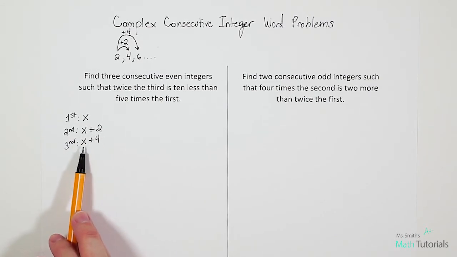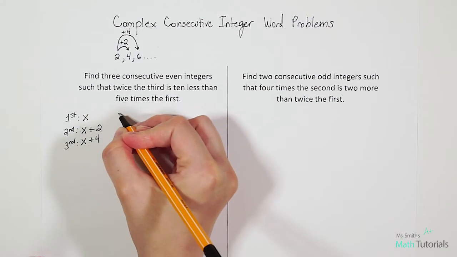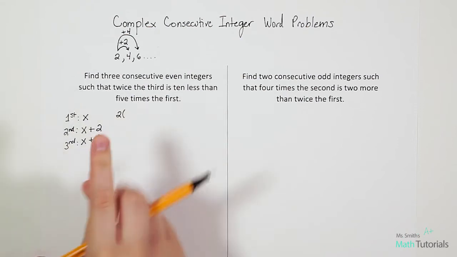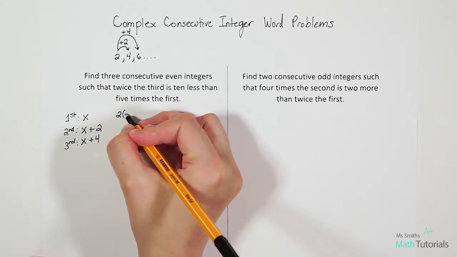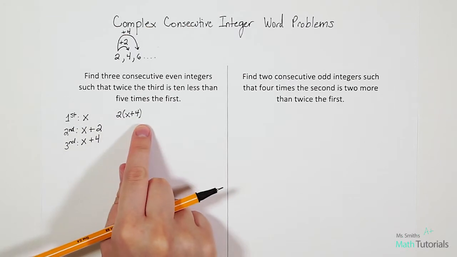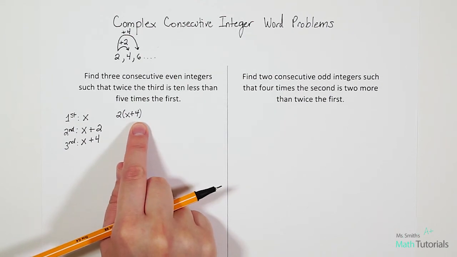And if we want to say twice the third, that means we need to take the third and double it. So how could we do that easily? Well, we just take 2 and times it by the third, x plus 4. And the parentheses here are so important because we're doubling the whole third, not just the x, not just the 4, but the whole third.